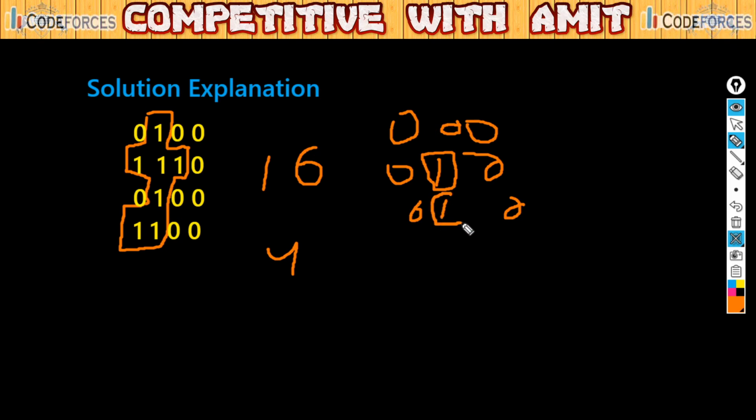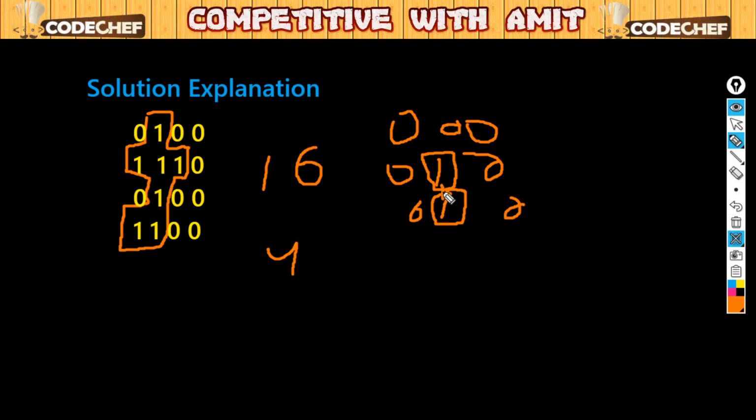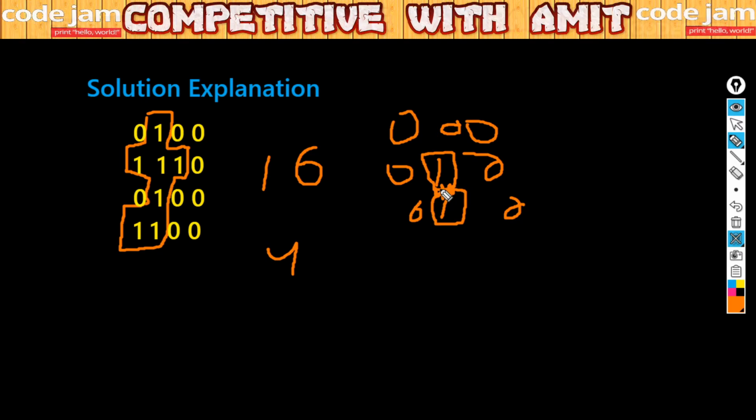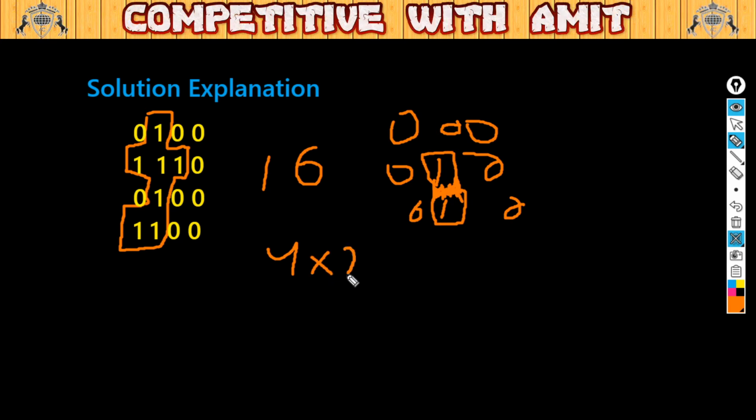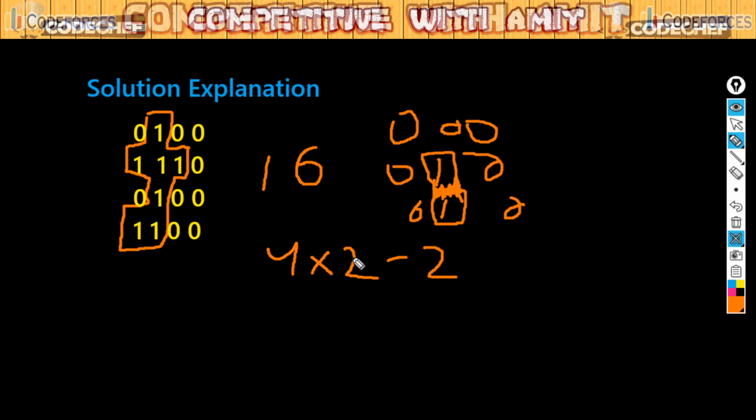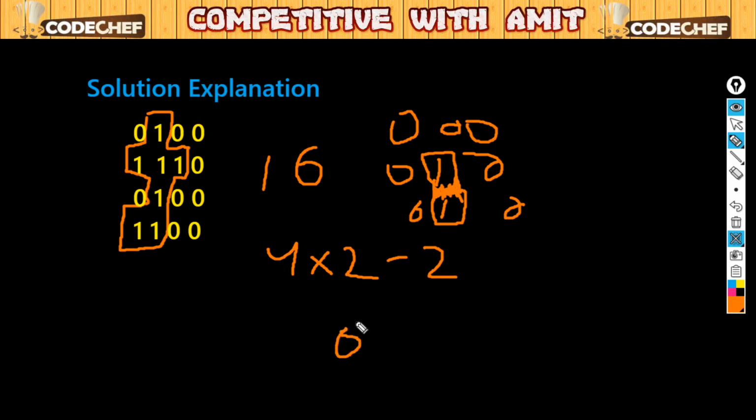Now it will require 4 for this one and 4 for this one, but these 2 will be cancelled because the outer edge will cover them. So we multiply 4 by 2 minus 2, and we get our answer equal to 6.